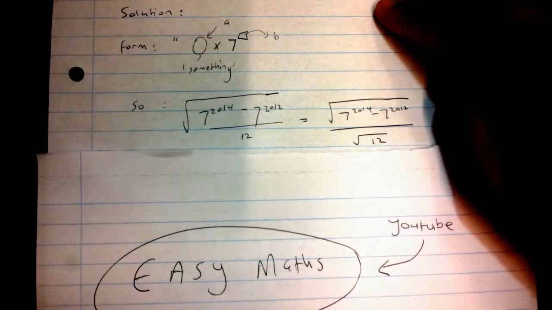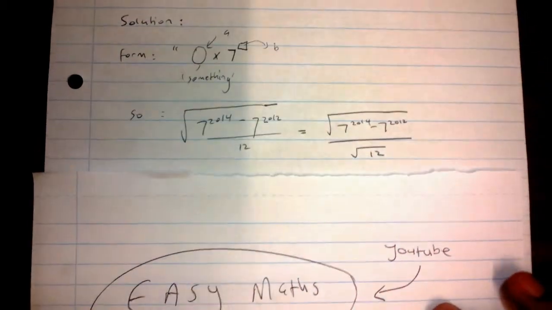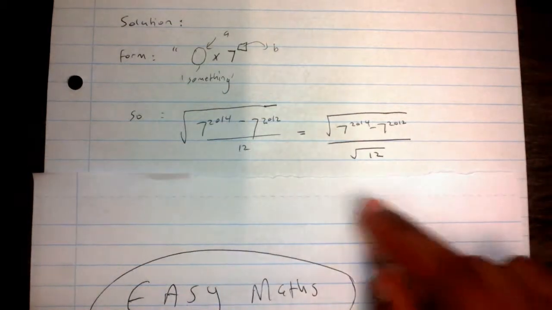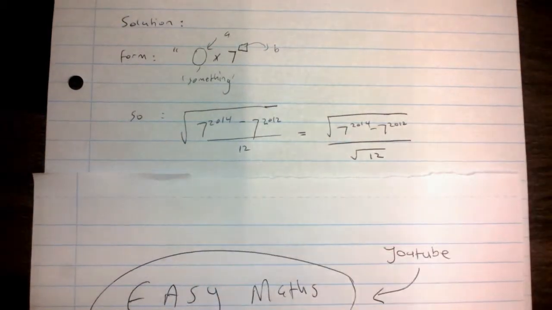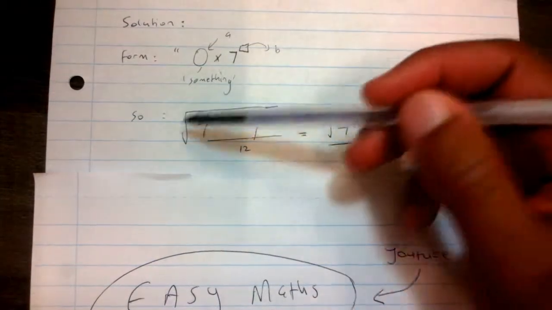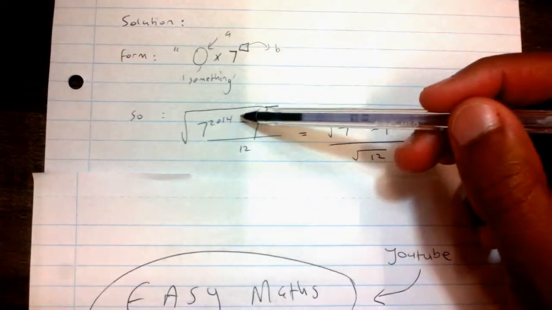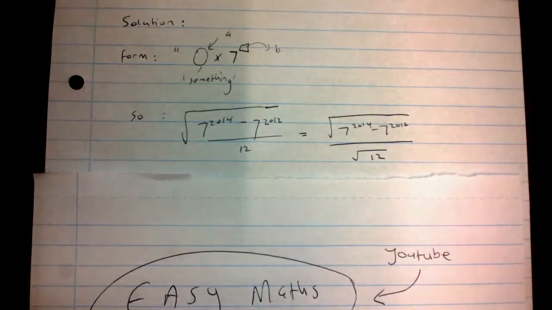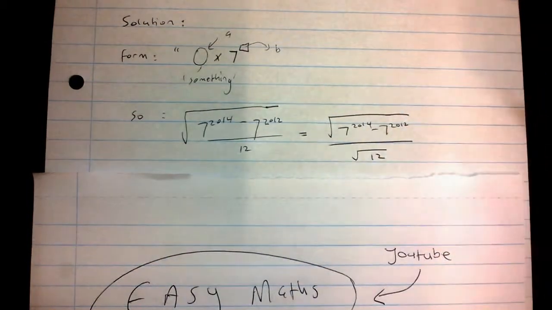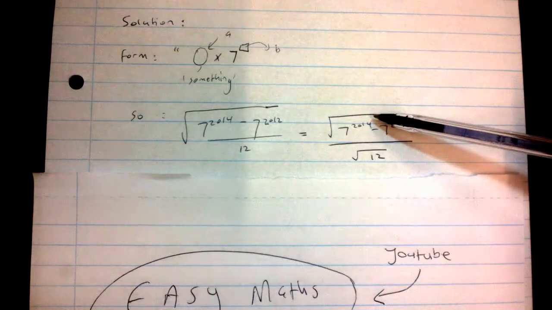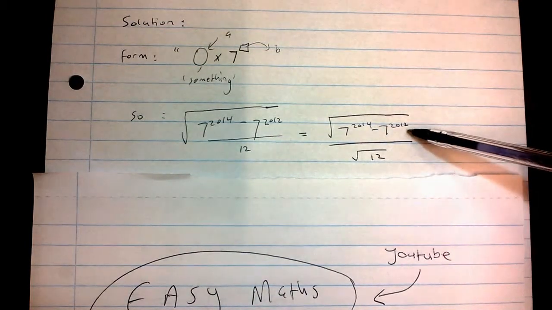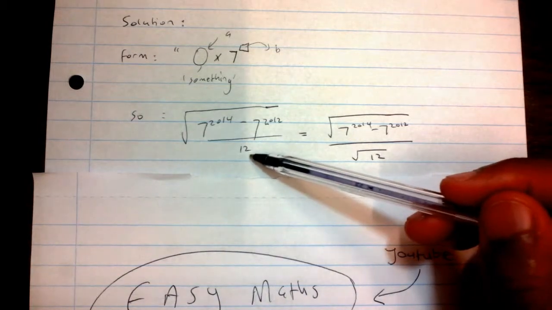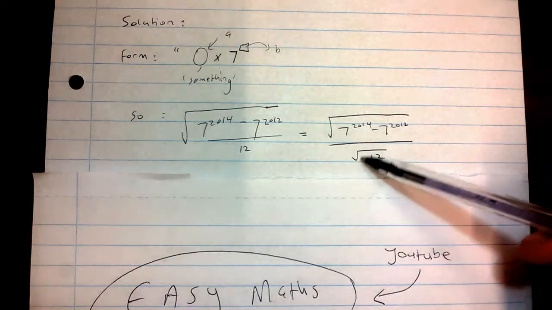So let's see how I did this. The very first thing you do to simplify is put the roots in. So this is the root of 7 to the power 2014 minus 7 to the power 2012, over 12. That is equal to the root of 7 to the power 2014 minus 7 to the power 2012, all divided by root of 12.